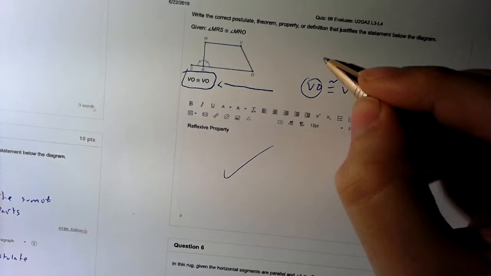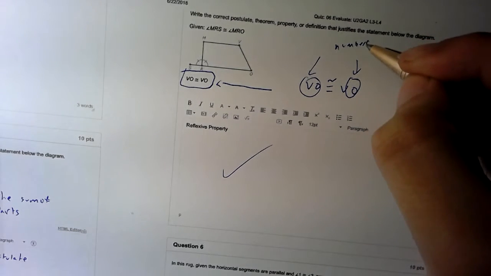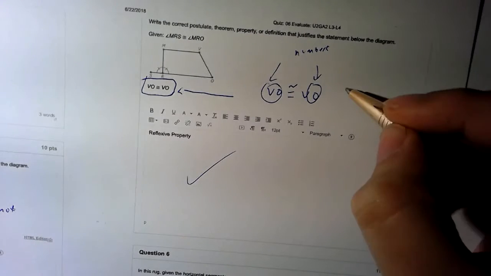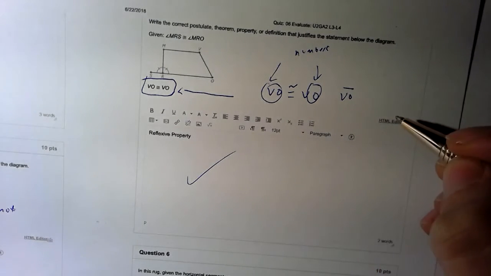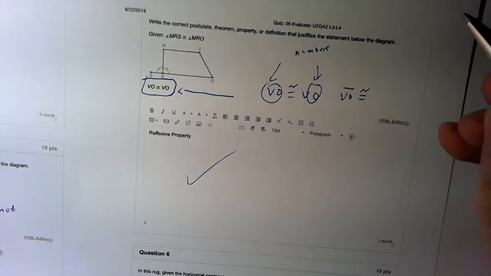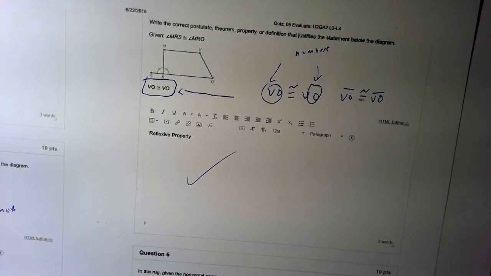Congruence only applies in this context to geometric objects, right? This is a number, and this is a number. We can't say that two numbers are congruent in high school geometry. So it should really say segment VO is congruent to segment VO with a line on top. That's how it should be written.